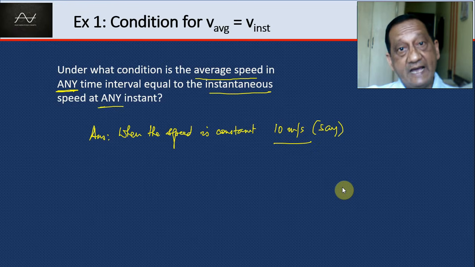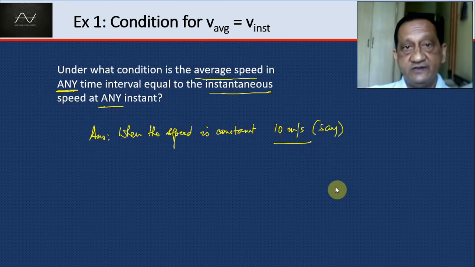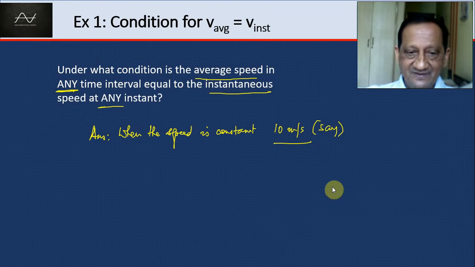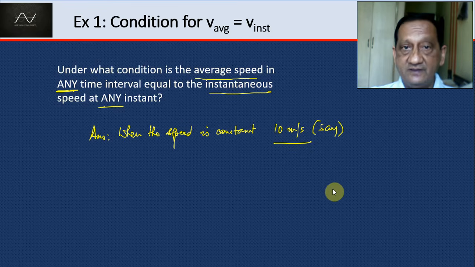If you take the average speed in any time interval, it'll again be 10. Like I said, if you get 80% in every subject, then your average is also 80, irrespective of the number of subjects that you consider. Correct? Physics is highly conceptual, right? And we must have a very strong grip on the fundamental concepts.